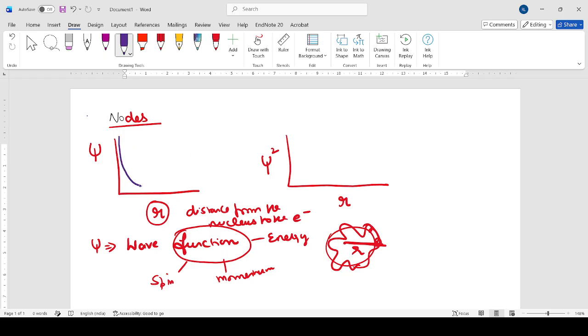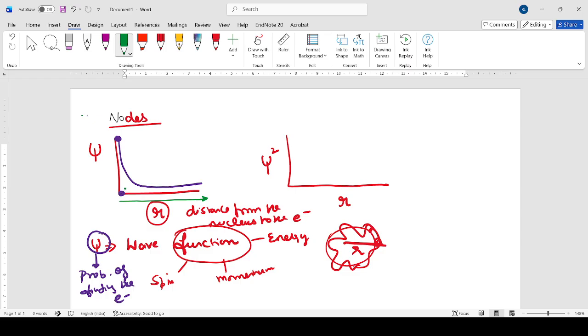Consider this graph. Psi is also telling you about the probability of finding the electron. Look at this one here. As you see on the x-axis, I'm moving away from the nucleus.